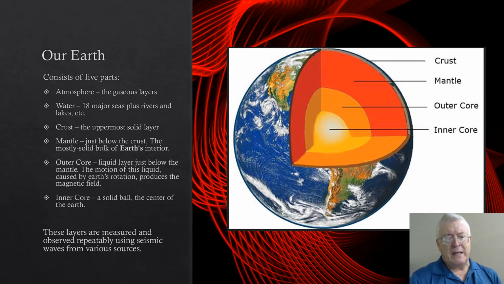These seismic waves are different types of waves, so they act differently in the different layers of the earth. One type of wave bounces off of the outer core because the outer core is liquid. Another type of wave goes through to the inner core.